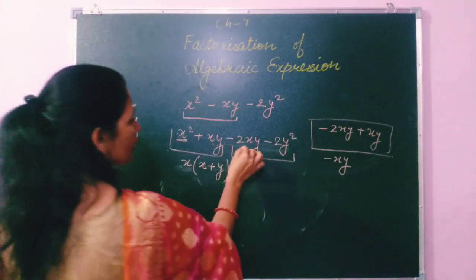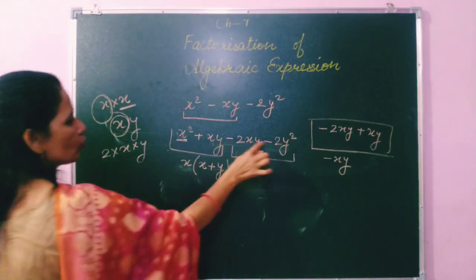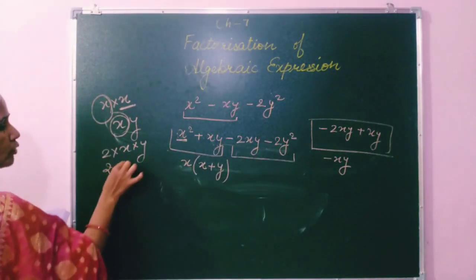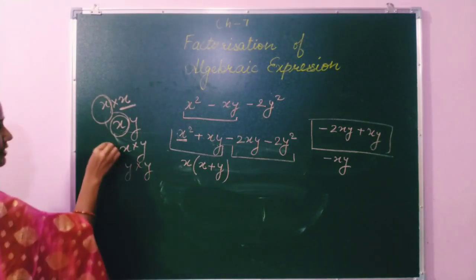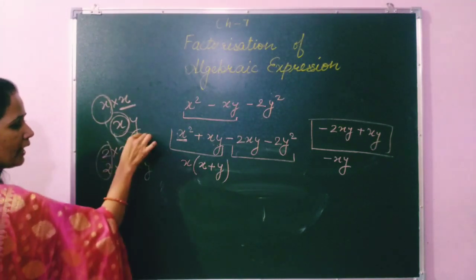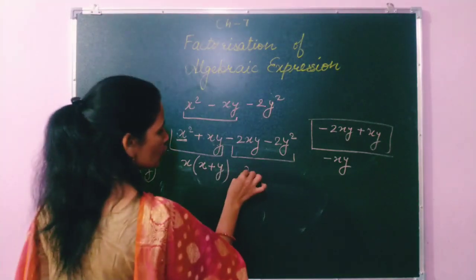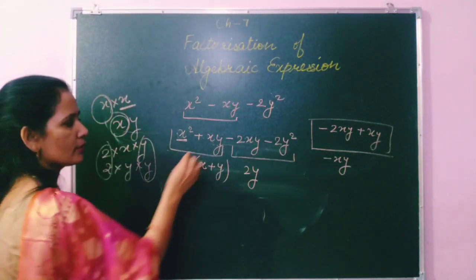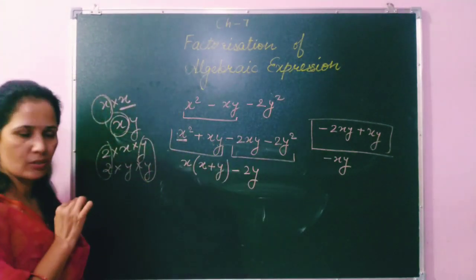Same here. You observe 2 into x into y and 2y square, that means 2 into y into y. Which term is common in this? As we observe, this 2 and this y are common. So here we can write 2y. And students, here we observe that the minus sign is also common between them, so we can take minus also.